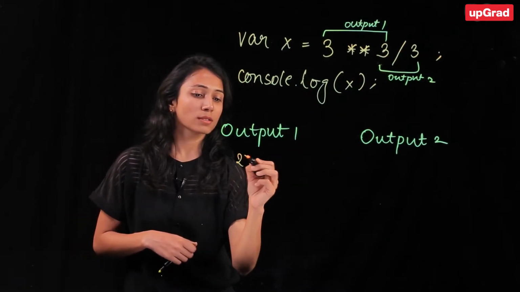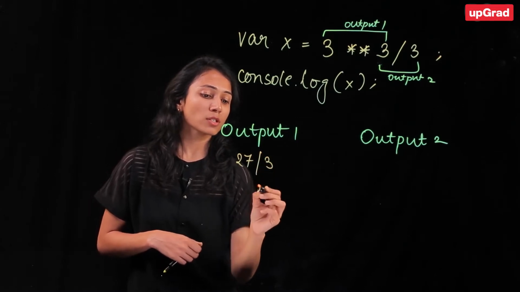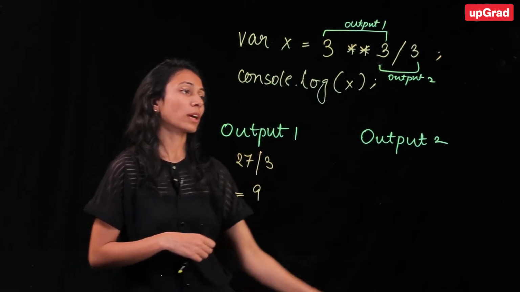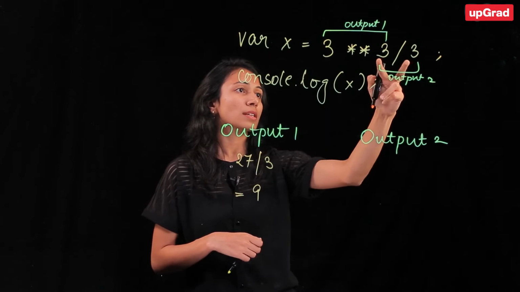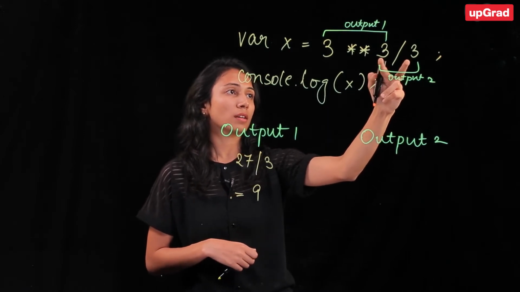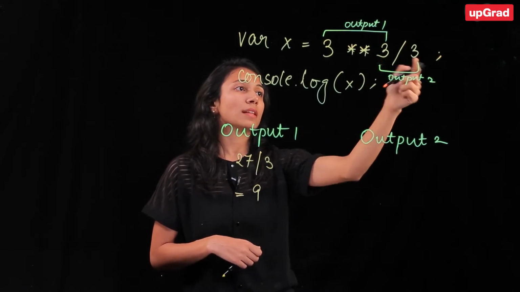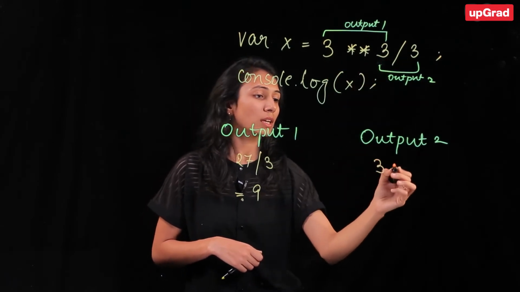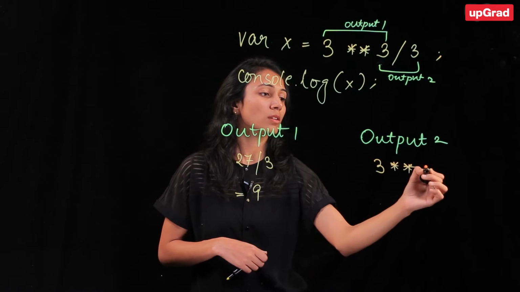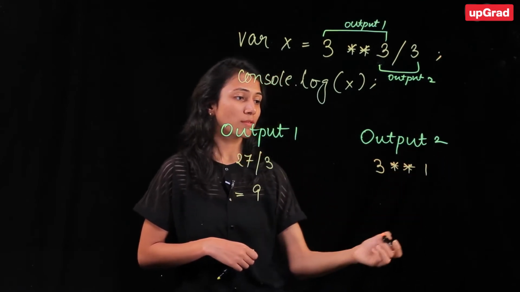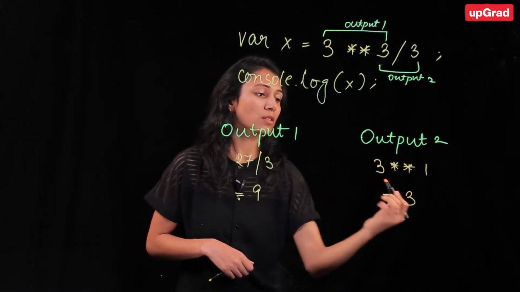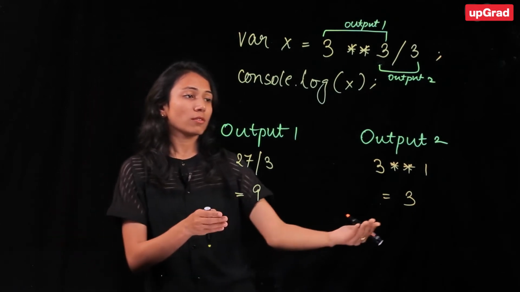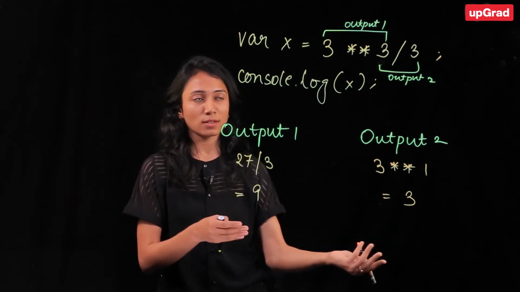So 27 divided by 3 is equal to 9. In output 2, the division gets to execute first. That means 3 divided by 3 is 1, and then 3 raised to the power of 1 gives 3. So you see that the output in both cases differs.